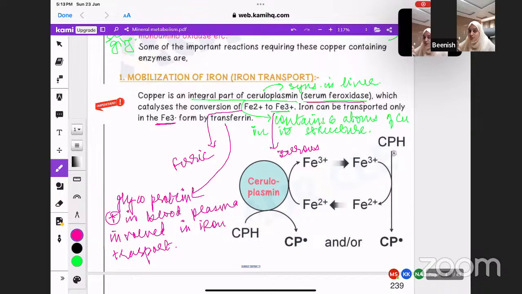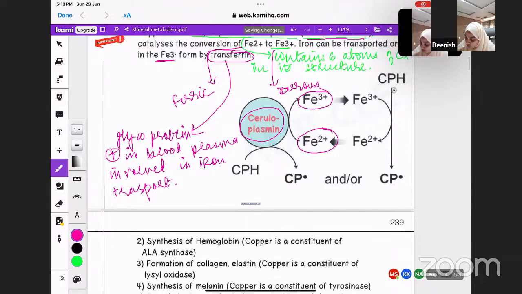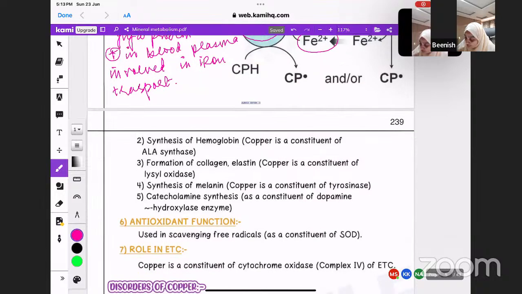If this enzyme activity is hampered, the transport of iron by transferrin will be hampered. In this diagram, you can see ceruloplasmin converting Fe2+ into Fe3+, the oxidized state.